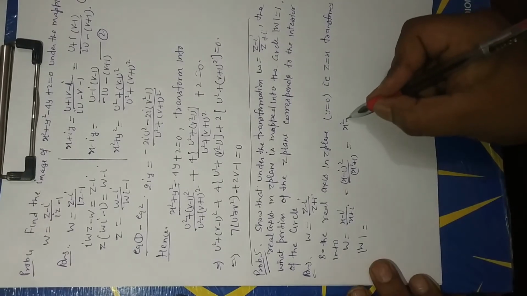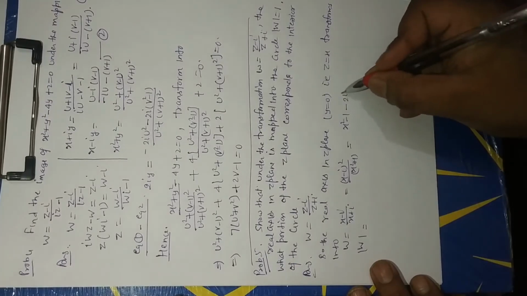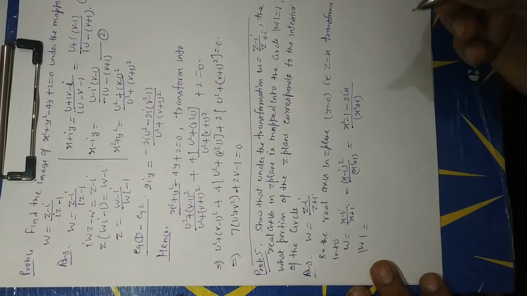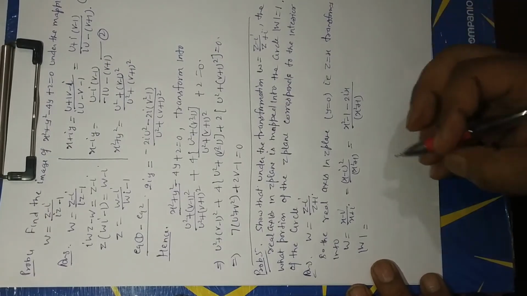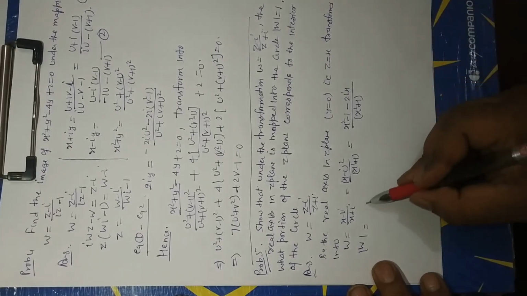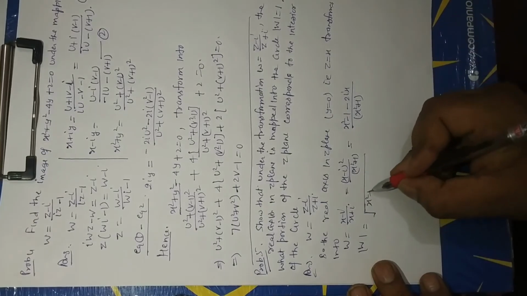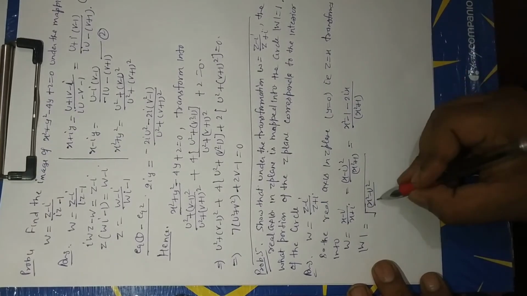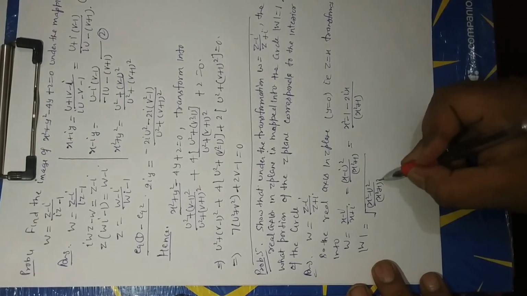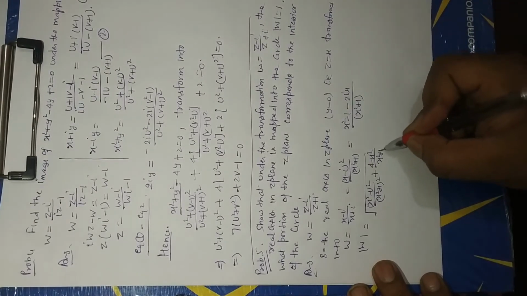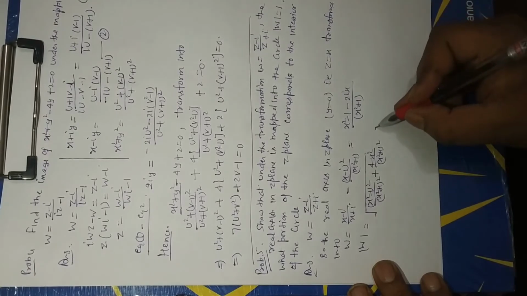Now solving this, we get (x square minus 1 minus 2ix) upon (x square plus 1). This is equal to under root of (x square minus 1) whole square upon (x square plus 1) whole square plus 4x square upon (x square plus 1) whole square.